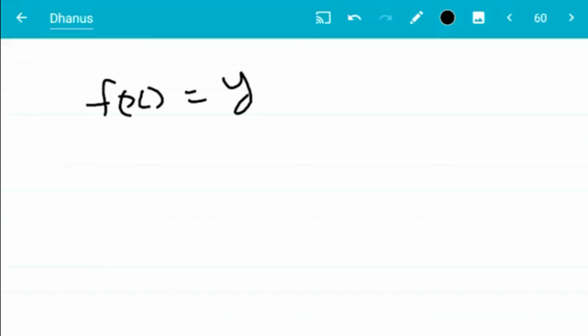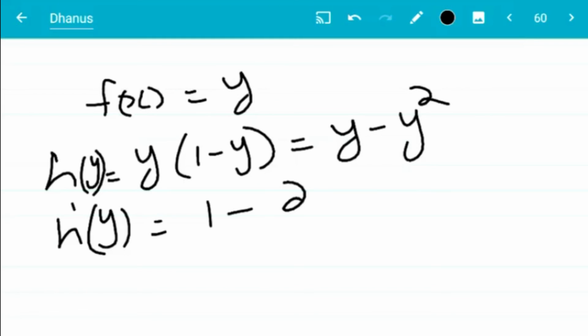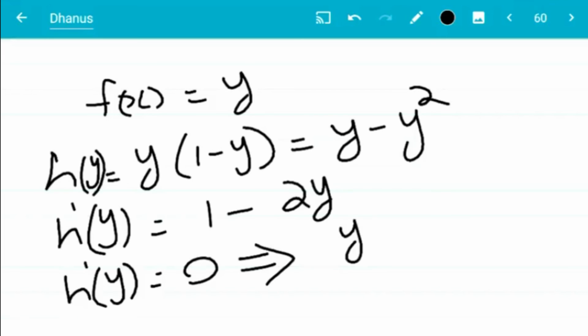This is equal to y minus y square, and I'm calling this h of y. Now I'm trying to find the maximum of this. h dash of y will be equal to 1 minus 2y, and h dash of y equal to 0 implies y equal to 1 by 2.